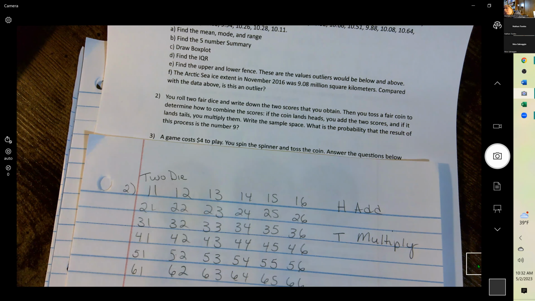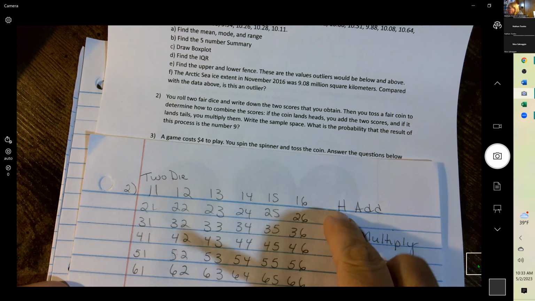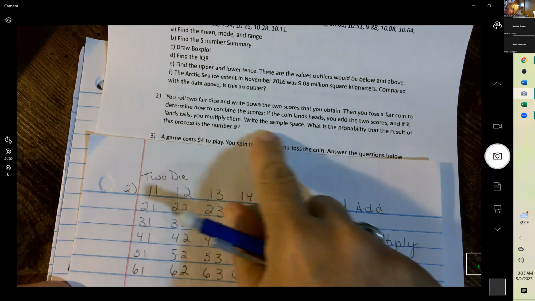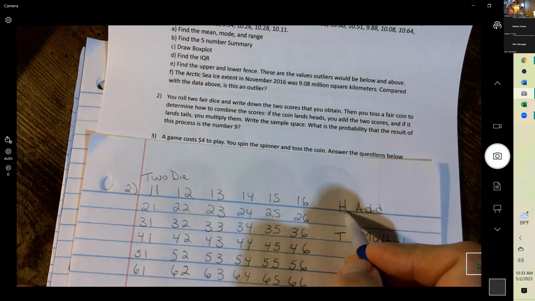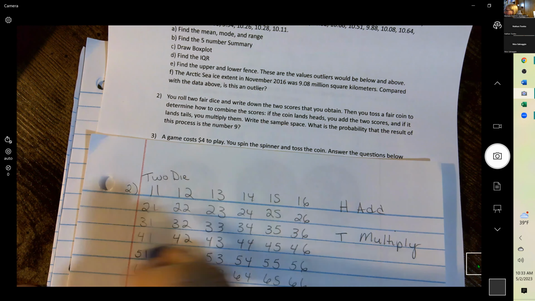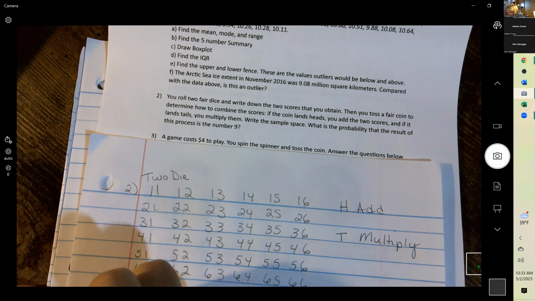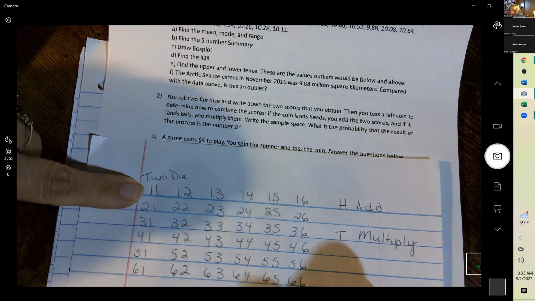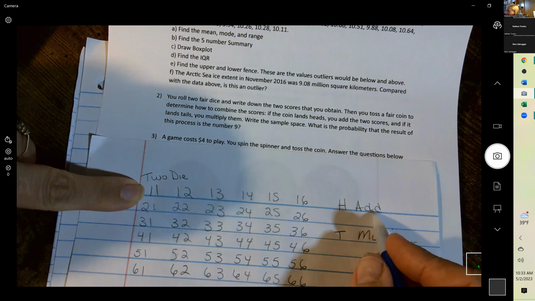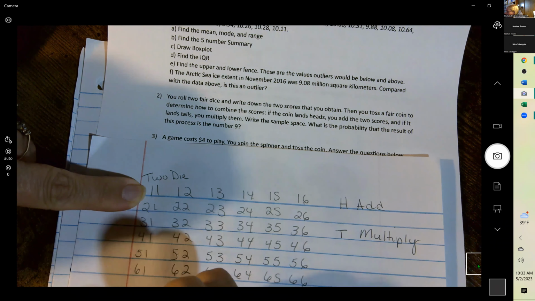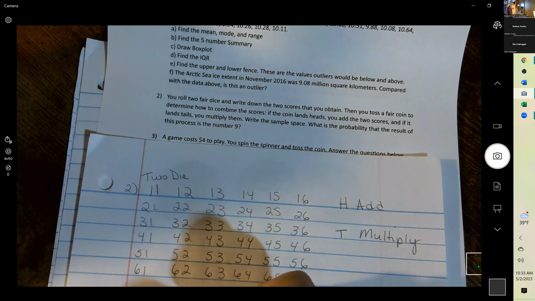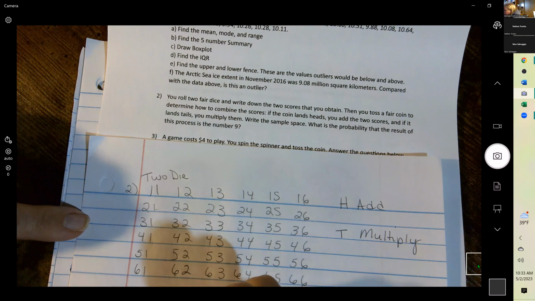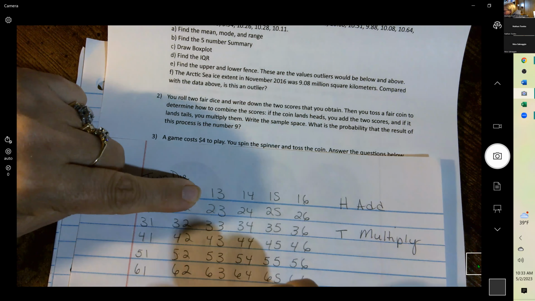Okay, so for our outcome though, we can have a heads and all of these values, but they really only want what the value is going to be. So when we're doing a heads, you add. So you could have a heads and a 2, a heads and a 3, heads and a 4, head 5, head 6.